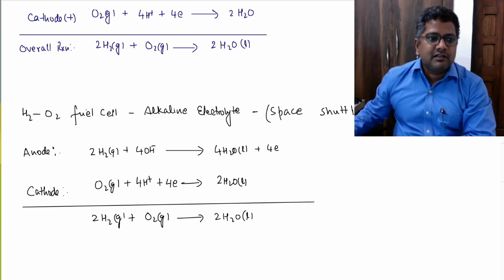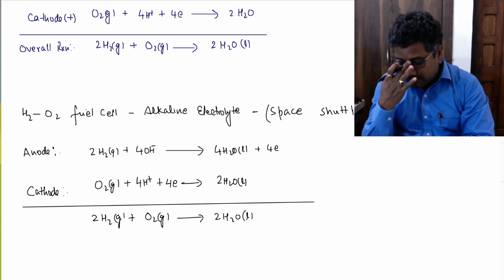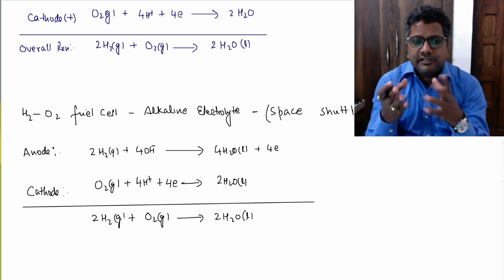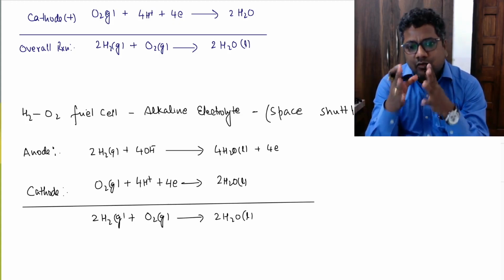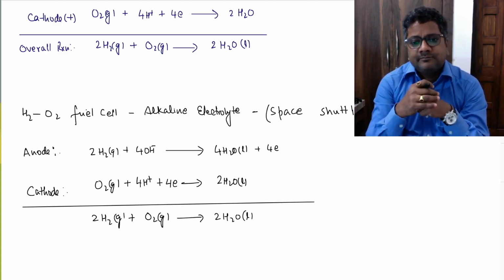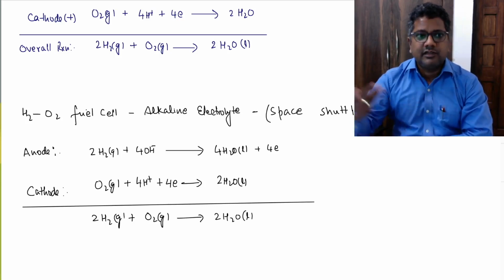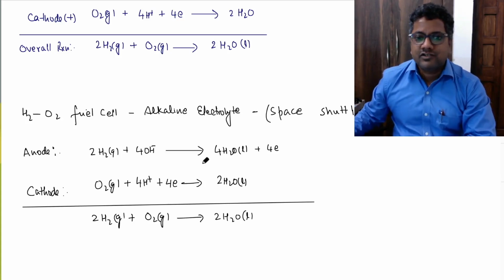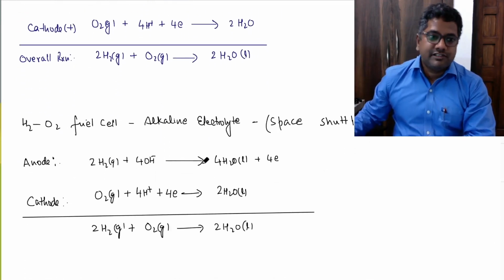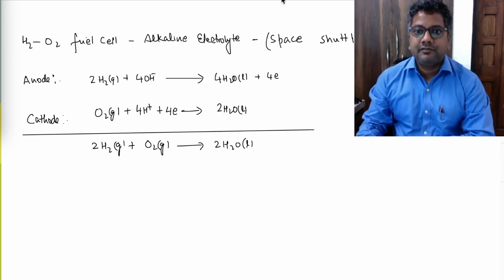And some other fuels, like methane and other gases, can also be used in place of hydrogen and oxygen. Not necessarily only hydrogen and oxygen, but since the only product is water, we prefer the hydrogen oxygen fuel cell, though it is not mandatory. You can use any gas, right? With different gases you will get a different product and different voltage.